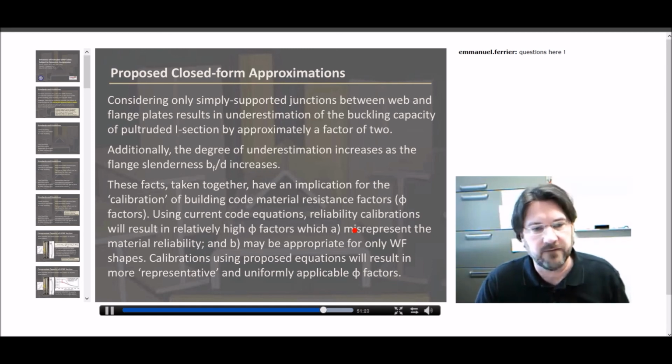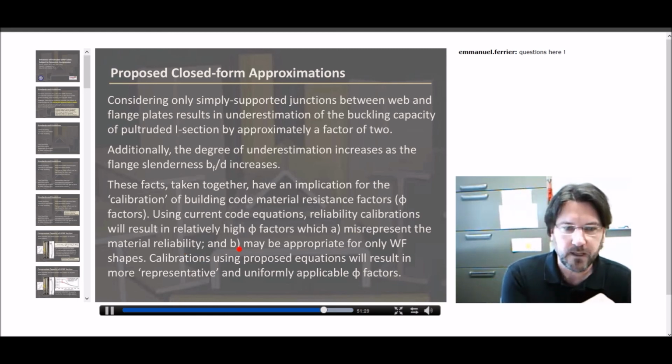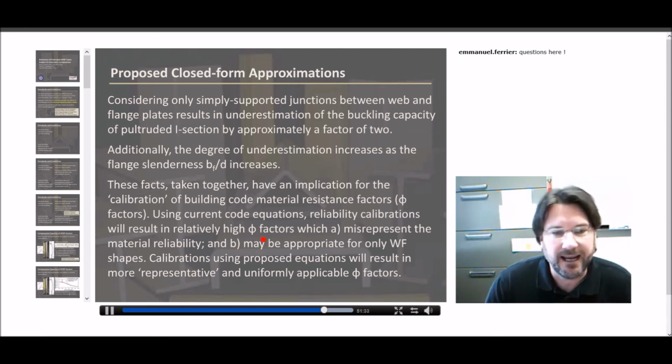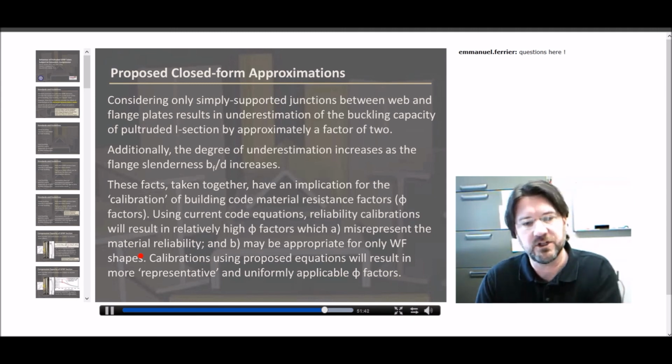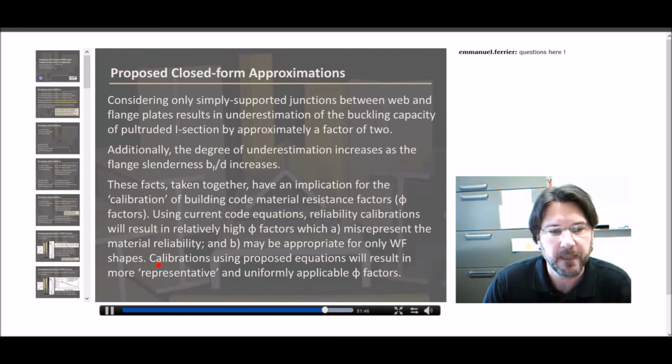A very high phi factor misrepresents the material reliability, misrepresents the variation and the imperfections in the material, and is really only shown to be appropriate probably for wide flange shapes, which implies that we need a different phi factor for different shapes, which is not a particularly practical approach from a code perspective.